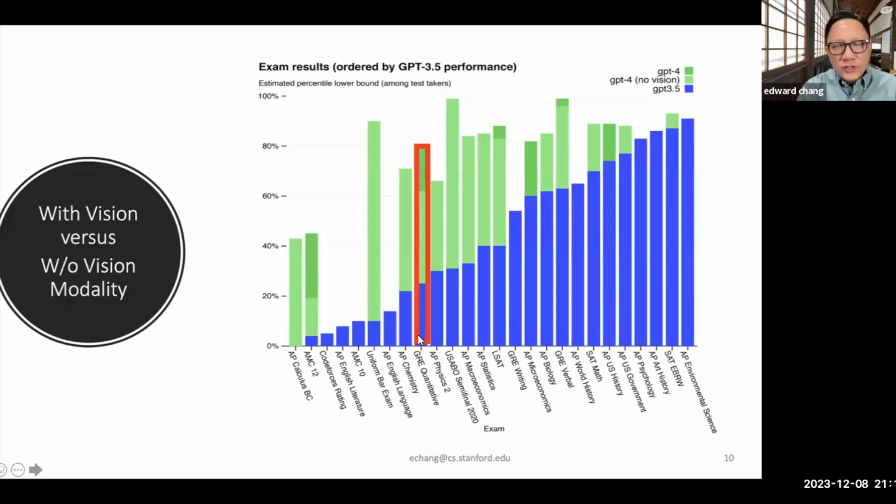And if you look at this column, this is GRE quantitative. So basically GRE math with images, with vision. GRE quantitative could be outscored using GPT-4 with vision over GPT-4 by about 17% to 18%. And this is quite stunning because most of the GRE quantitative questions, if you look at the GRE exams, don't have pictures.